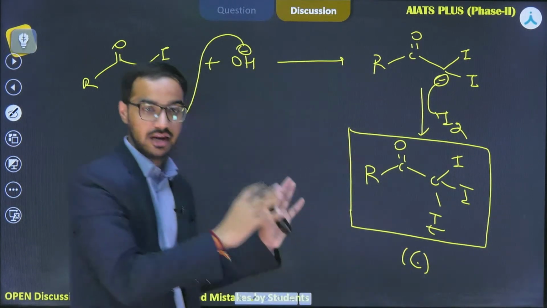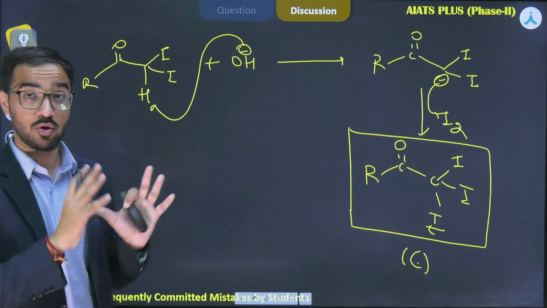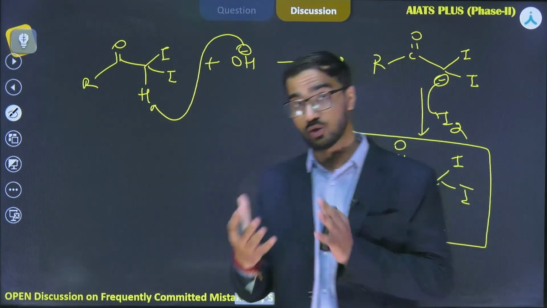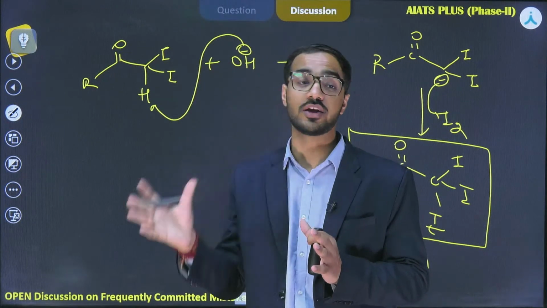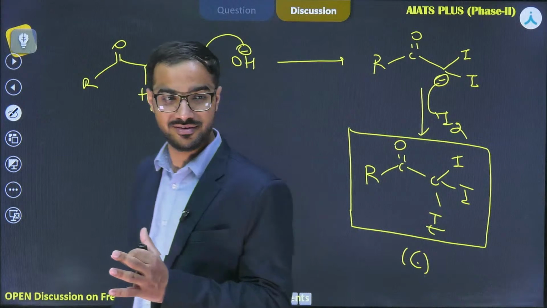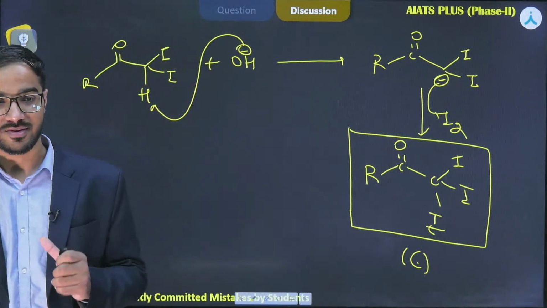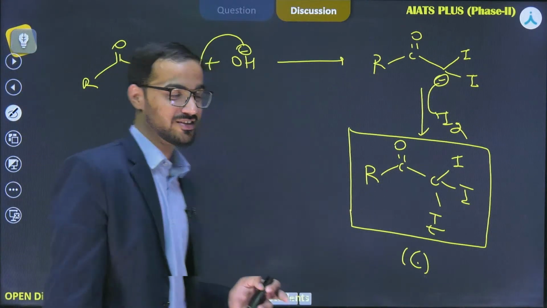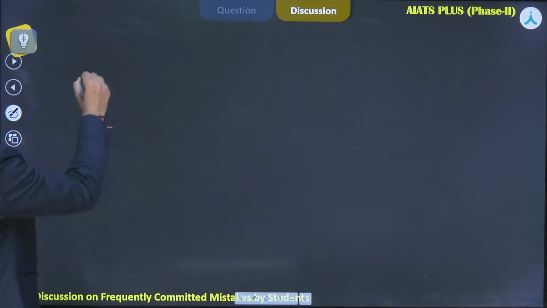Let us take C, and after this I'm going to give you some substrates apart from methyl ketone groups that will also give haloform reactions. Okay, excited? Excited, guys? Okay, let us try to make it.